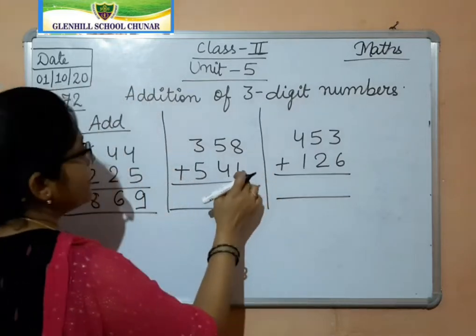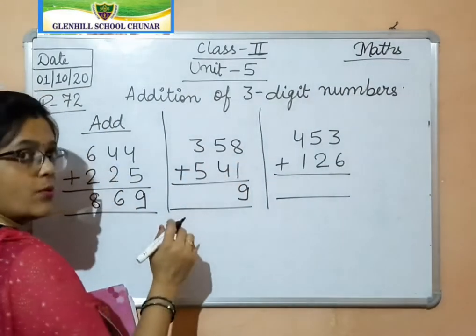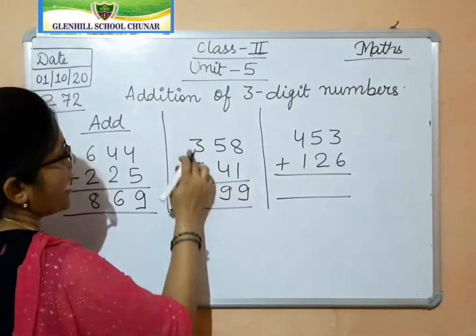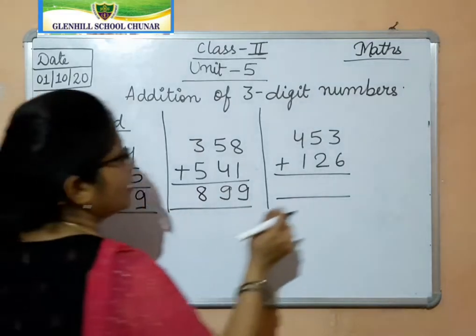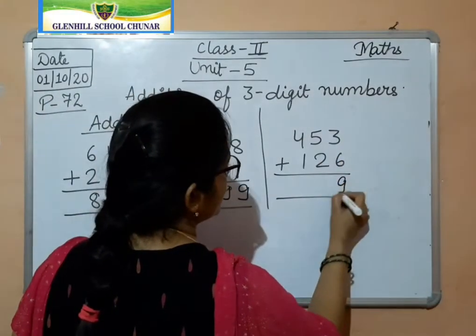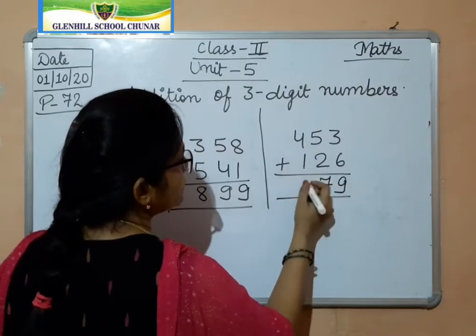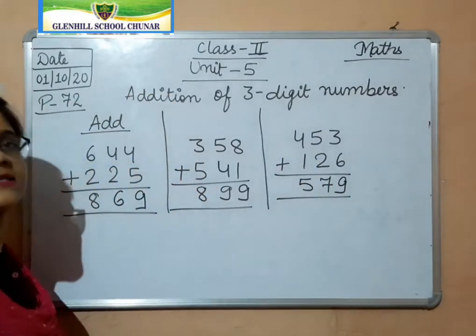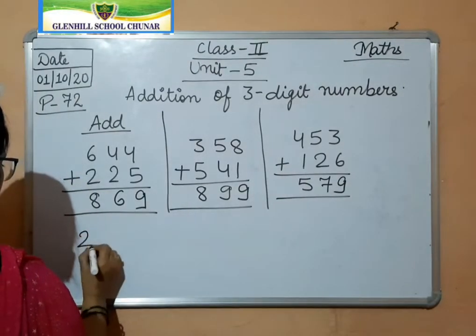Okay, so 8 plus 1 is 9, 5 plus 4 is 9, and 3 plus 5 is 8. Now here it is 9, 5 plus 2 is 7, 4 plus 1 is 5. Okay, 579.